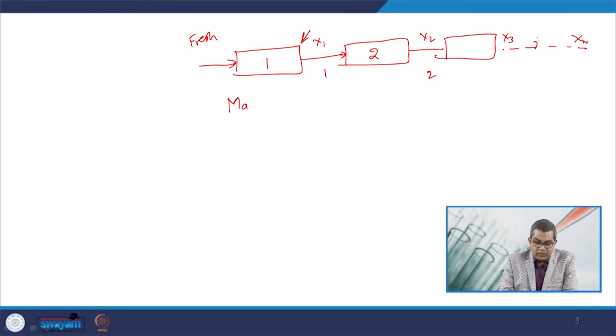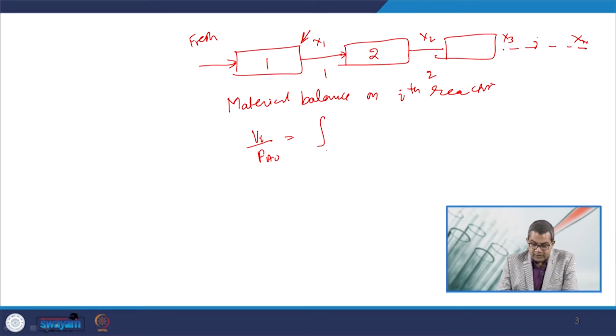If we talk about the material balance on the ith reactor, then it may be represented as Vi upon FA naught, that is the initial condition, equal to the integral from xi-1 to xi of dXA upon minus rA.